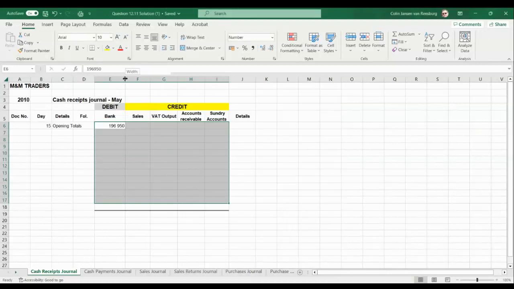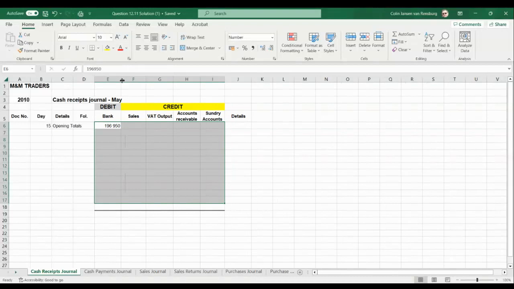Okay, then that doesn't need to be so wide anymore. Okay, so anyway, so that is our opening total for bank.